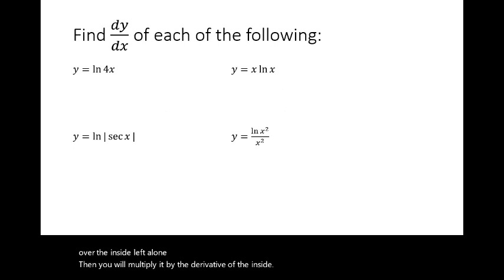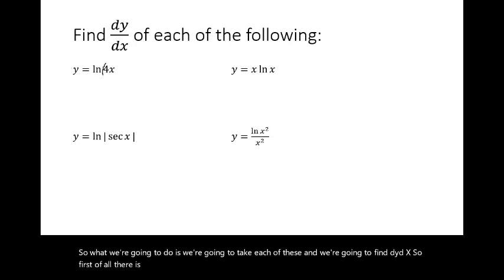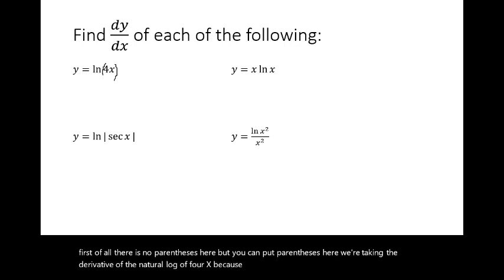So we're going to take each of these and find dy dx. First of all, there are no parentheses here, but you can put parentheses here. We are taking the derivative of the natural log of 4x. Because we are taking the natural log of anything other than just x, we do need the chain rule.